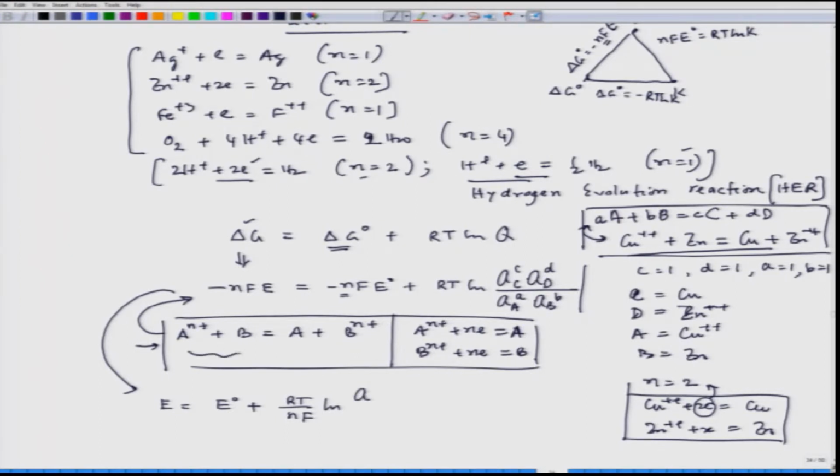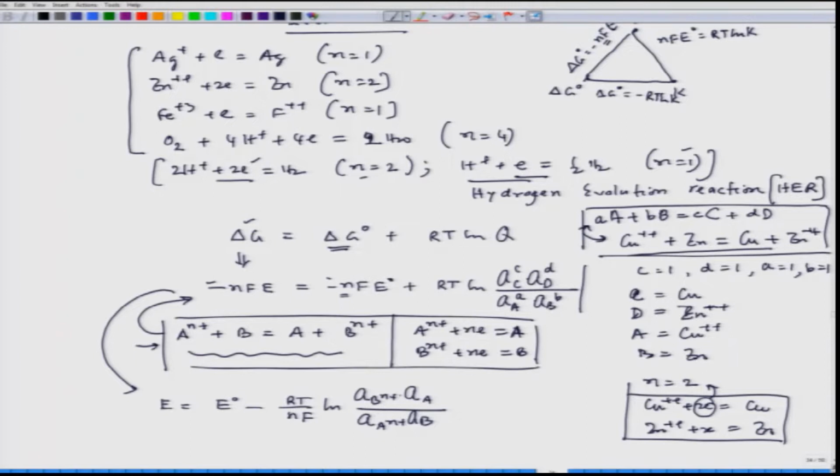Since we are writing with reference to this reaction, A, B n plus, A, okay. So, this becomes like this. I have to put minus here, because this minus would go and the minus would come here.